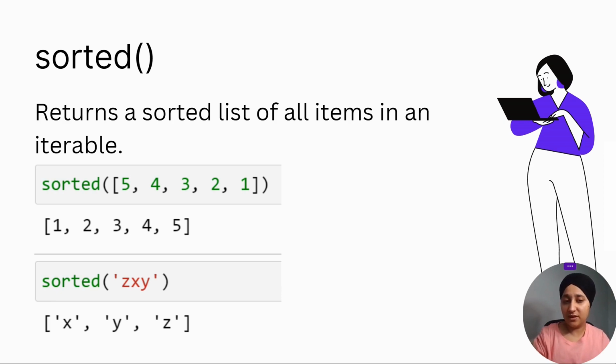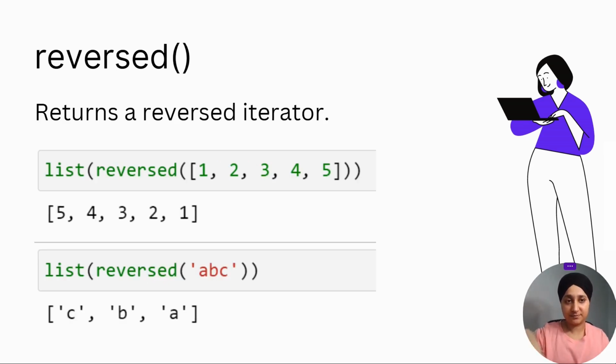This sorted function by default will convert the decreasing order values to increasing order, right? So in the second case we can see x, y, z is the output for the input of z, x and y. Z, x and y is not sorted and x, y, z is sorted in this case. It can also sort alphabets, right?